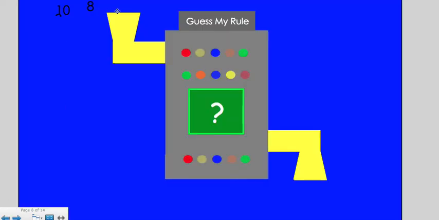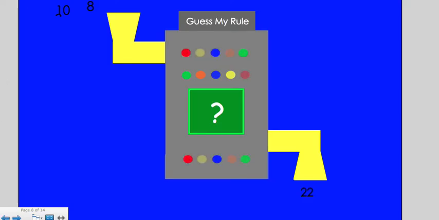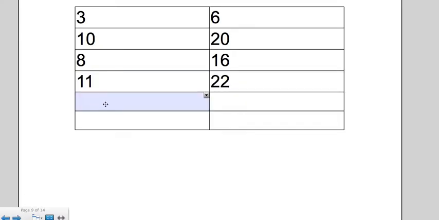If my input is 11, my output is 22. If my input is 7, my output is 14.